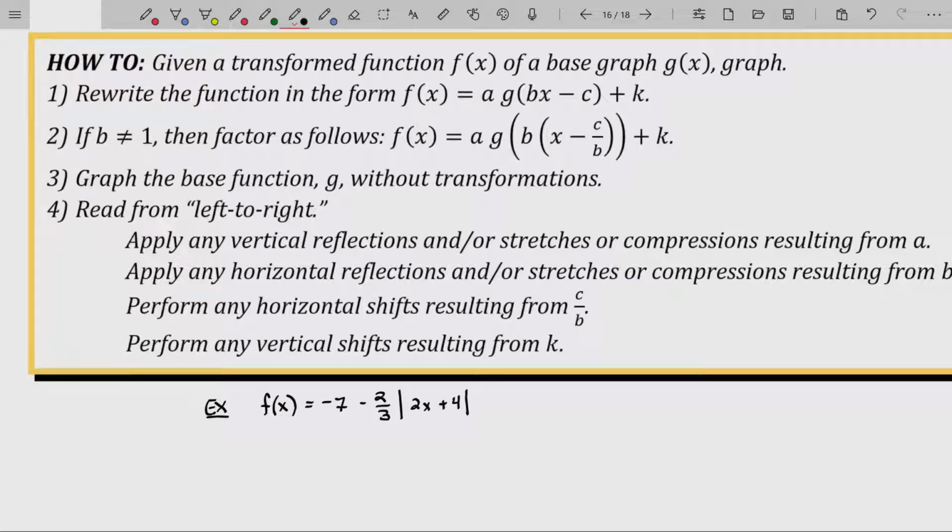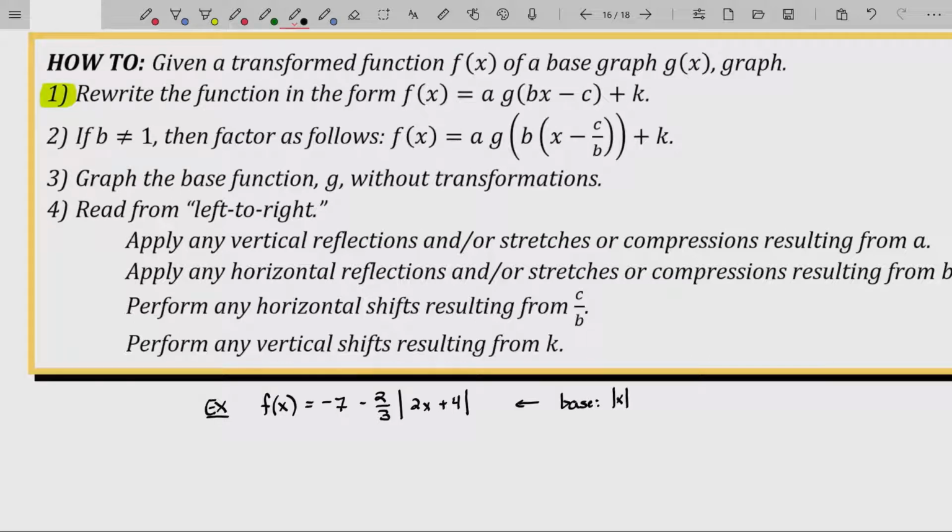The very first thing I highly recommend you do is rewrite the function in a different order. That is, rewrite it to where the base function goes first. And when I say the base function here, you should already know the base for this function is the absolute value of x.